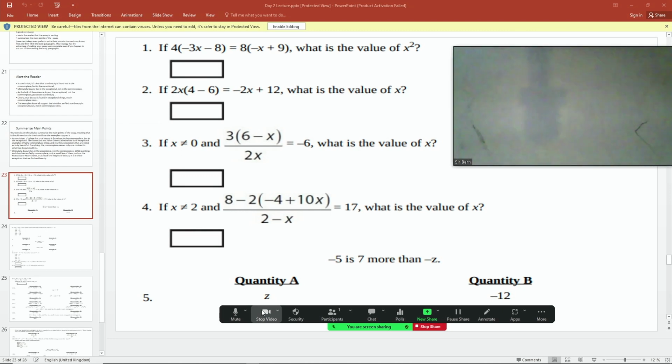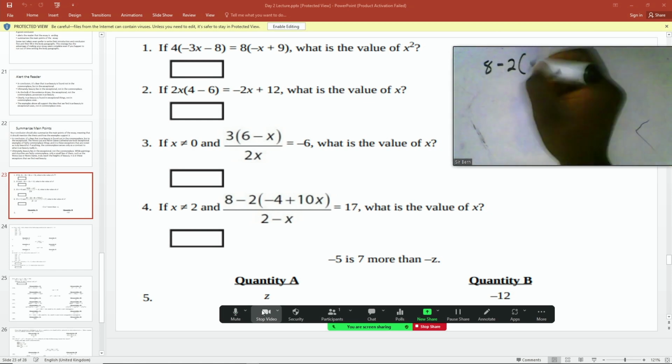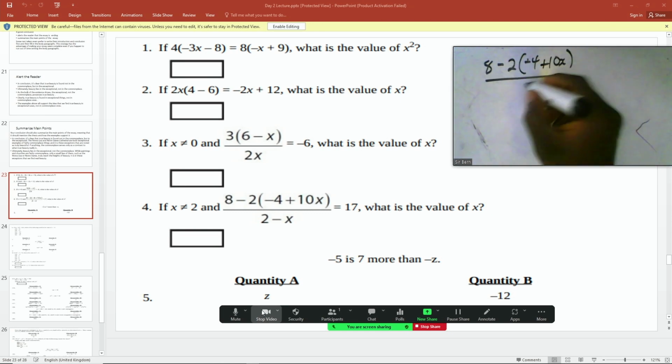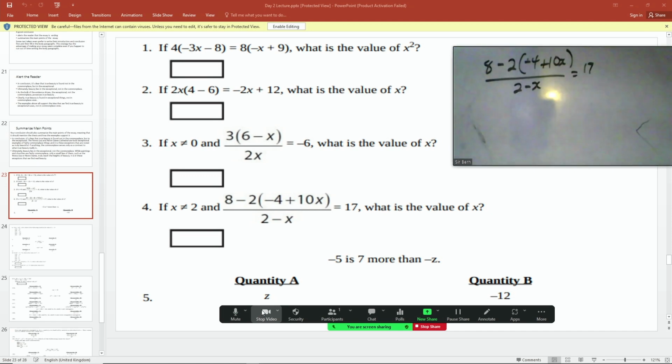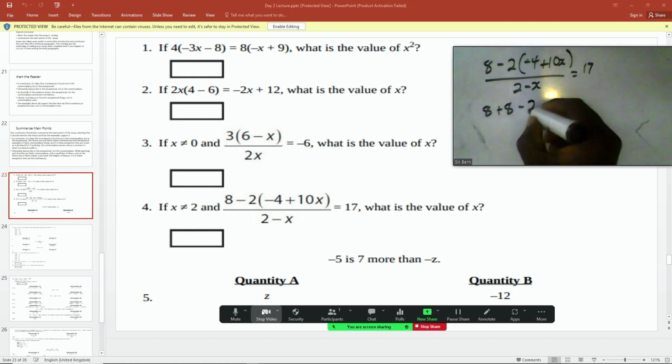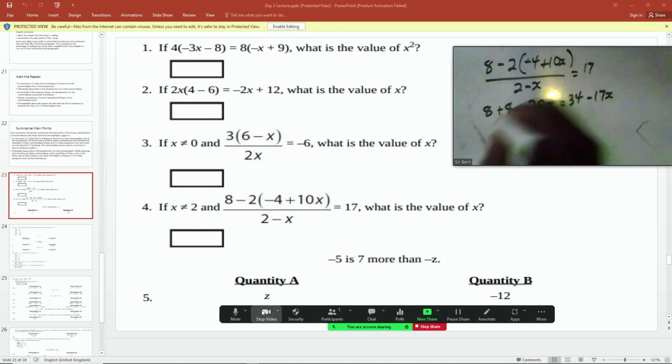Fast forward, question 4. We are solving for x. 8 minus 2 into bracket minus 4 plus 10x, all over 2 minus x, is equal to 17. So this can go to the side. We can multiply through by the 2 outside. So 8 plus 8 minus 20x is equal to 34 minus 17x. x will come to the side, 34 will come to the side.